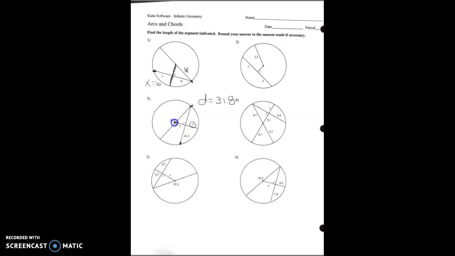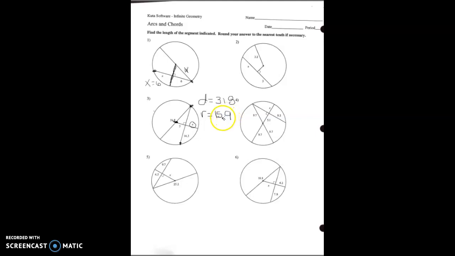Well, interestingly enough, this is also a radius because it's from the center to the outside edge. So if the diameter is 31.8, guys, what is the radius? Cut it in half. The radius will be 15.9.